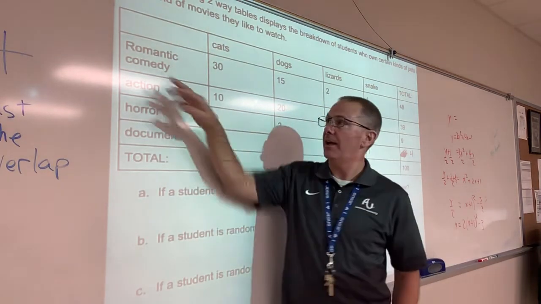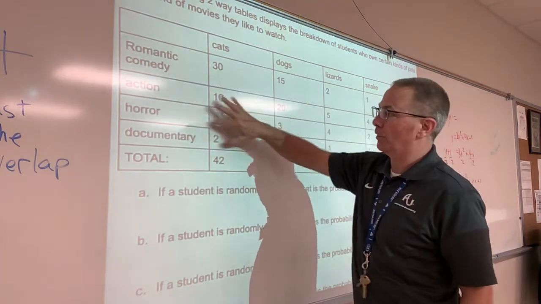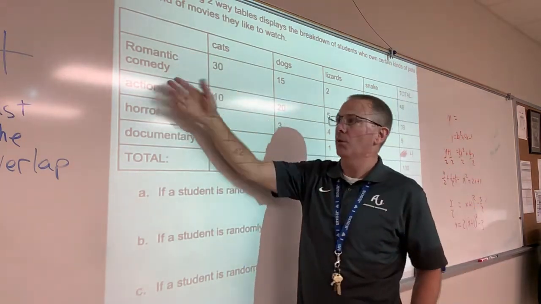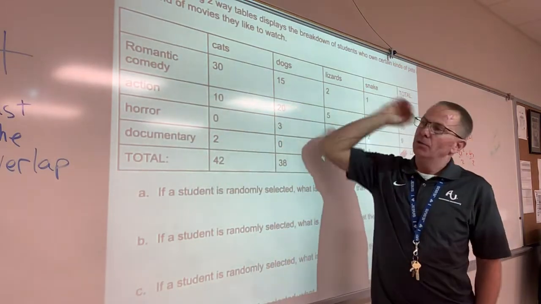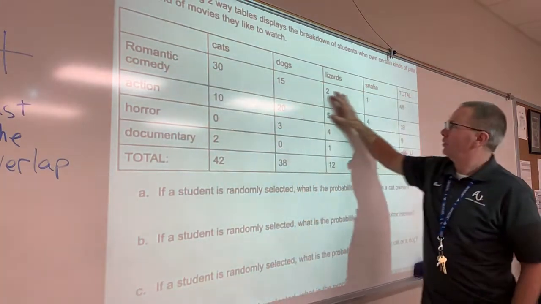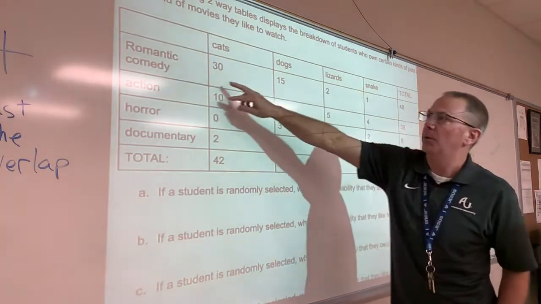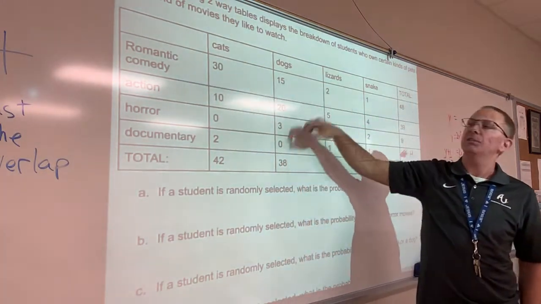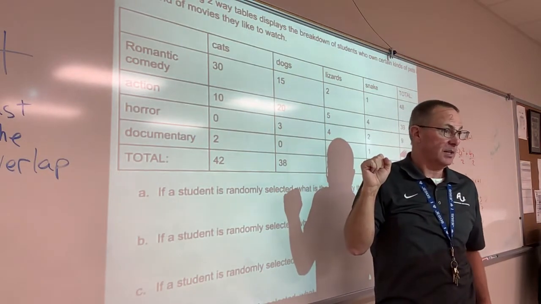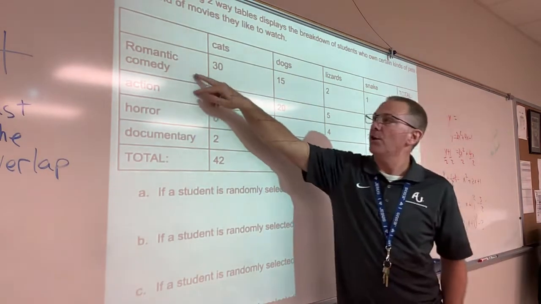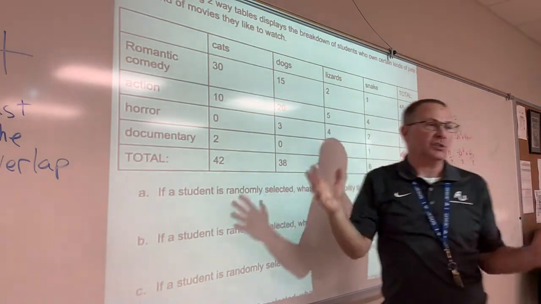As long as there are two or three rows, I could say romantic comedy or action or horror. I could do three things, but typically we just do two. Since I'm using two rows, they don't overlap at all, right? Versus if I say romantic comedies and cats, those would overlap. Do you see that?